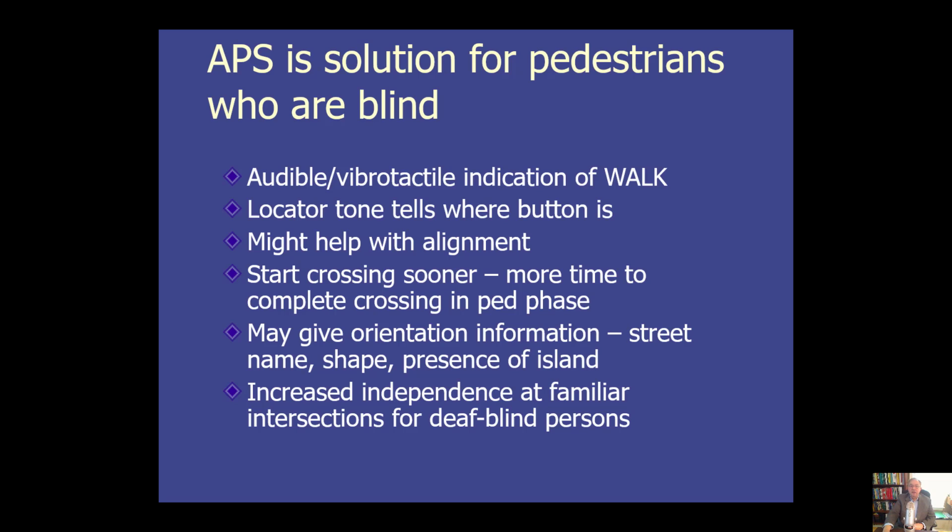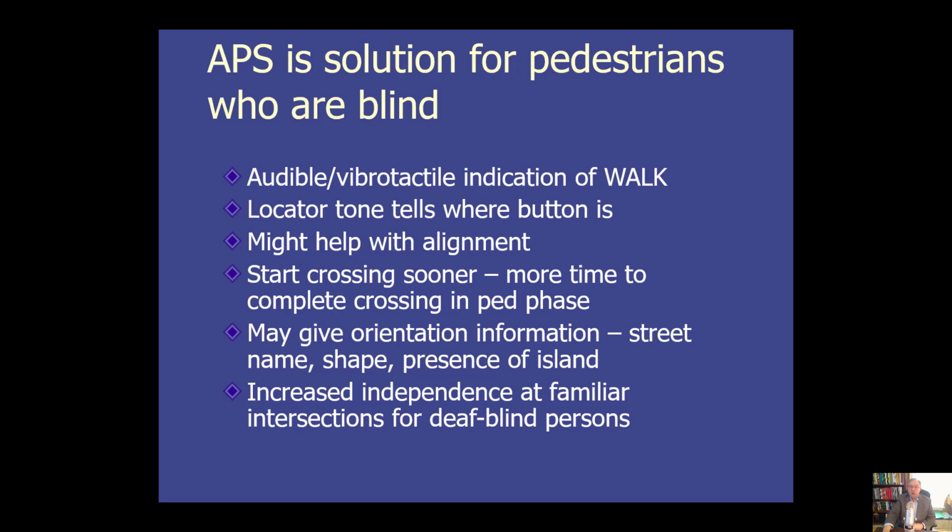So the APS, where they exist, is a wonderful solution for pedestrians who are blind and visually impaired. The audible vibrotactile indication of the walk tone is very, very helpful. Even though it doesn't tell the person that it's safe to walk, it's telling them get ready. The locator tone tells them where the button is. The APS might even help with alignment, as I've mentioned.